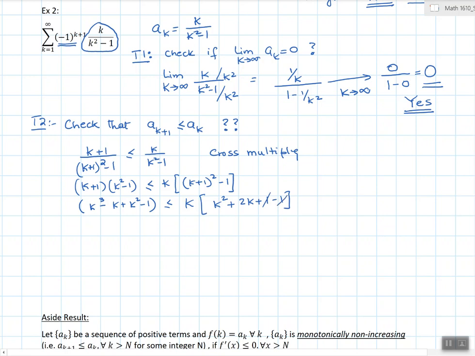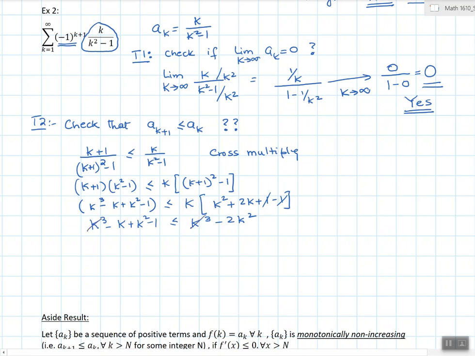So these two cancel, and now let's multiply by k. I'll get k cubed plus 2k squared. Okay, so bring everything on one side.